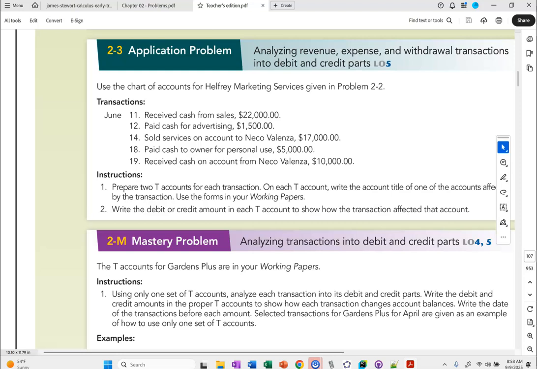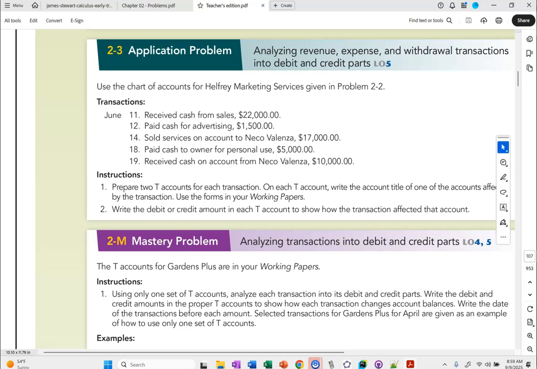All right, guys, you ready for me to read through the application answers here? June 11th, your two accounts are cash and sales. Cash is a debit, sales is a credit. June 12th, your accounts are advertising expense and cash.